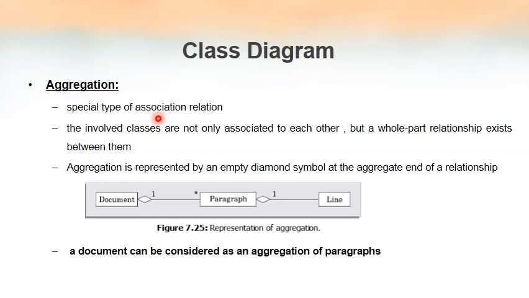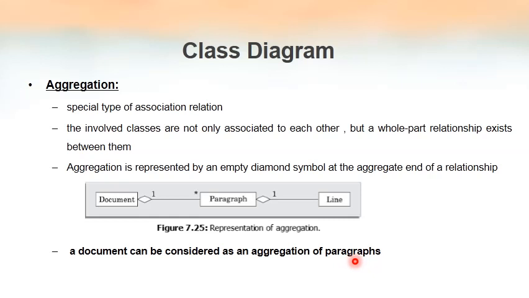So what does that mean? We know what a document is, right? A document means a collection of many paragraphs. And a paragraph is a collection of many lines. That's what we mean by aggregation. Here the classes involved are not only associated to each other, but a whole-part relationship exists between them.